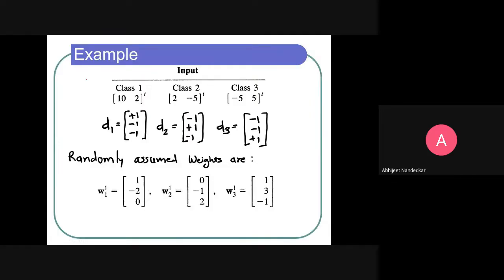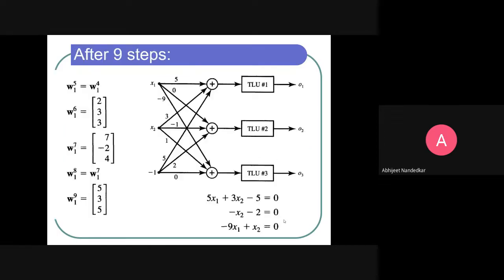So we have 3 samples belonging to 3 classes. Their desired response will not change. The desired response is this. The randomly assumed weights are the same. The only thing is to use the delta learning rule for multi-perceptron or multi neurons. That is the only change that I expect, and you try to solve.